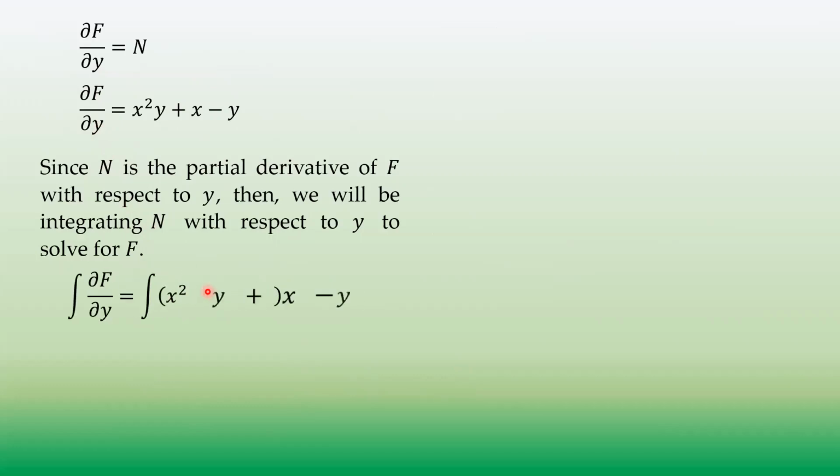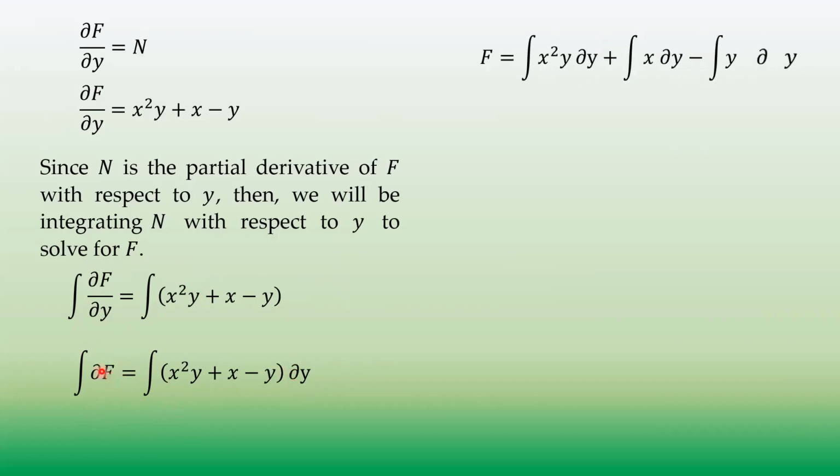Okay. So integrating. Again, pwede mo siyang i-cross multiply doon. Kaya meron tayo nito: the integral of x squared y plus x minus y dy equals the integral of df. Pag-iwahiwalay natin, ang integral ng df ay f equals the integral of x squared y dy plus x dy minus y dy.